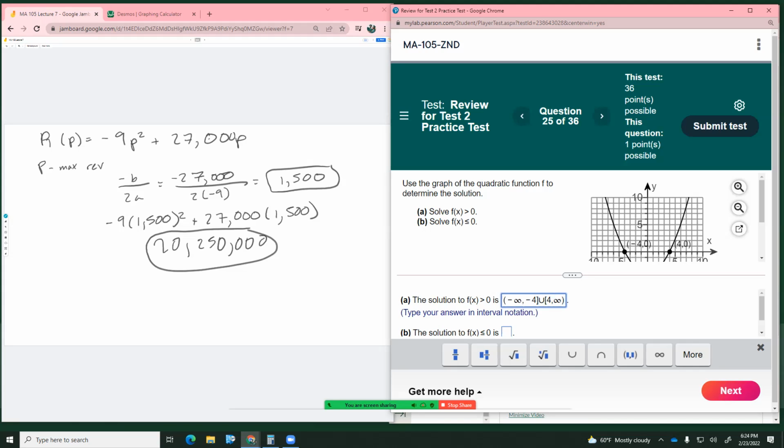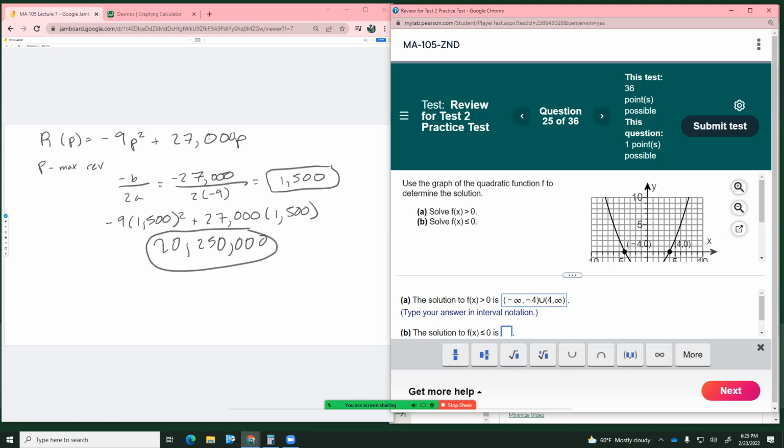Right, and shame on me because I literally wrote this on the board on Monday. If you see greater than strictly, we use parentheses. If you see less than or equal to, that bar means you use brackets. And so, yes, I would have gotten this problem wrong, and there would have been nothing I could do about it either.